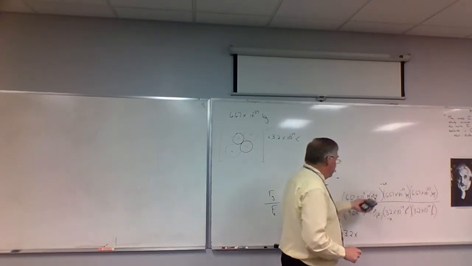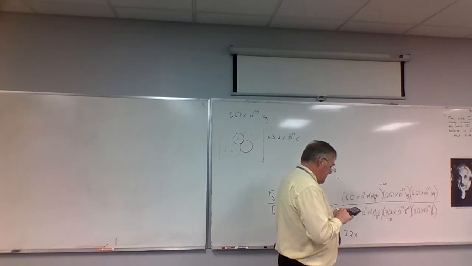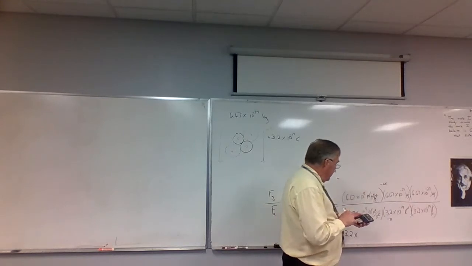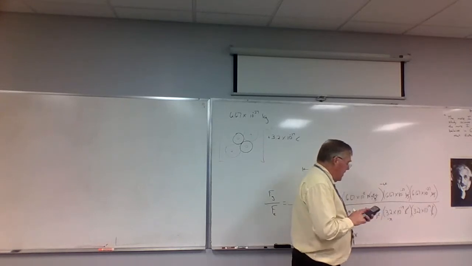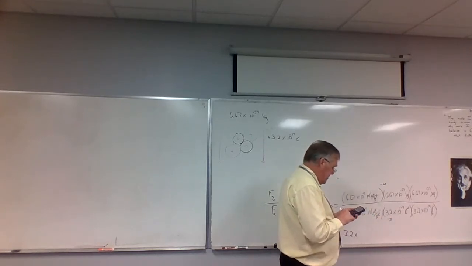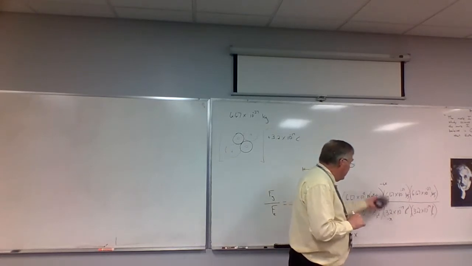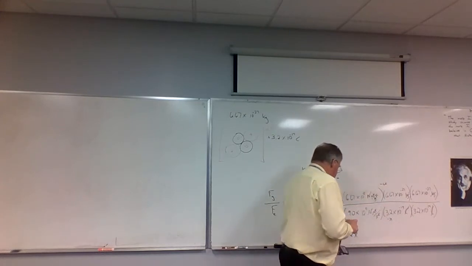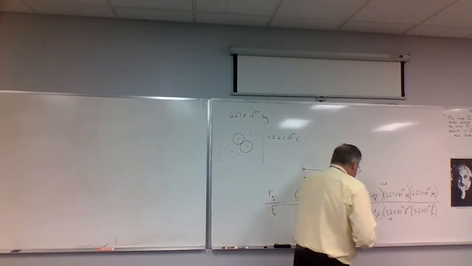So I've got minus 65 in the numerator, and this is a minus 29. So I need to change the sign. I need to say 29 minus 65, actually, to get that correct. This is 36. This is 3.2 times 10 to the minus 36.